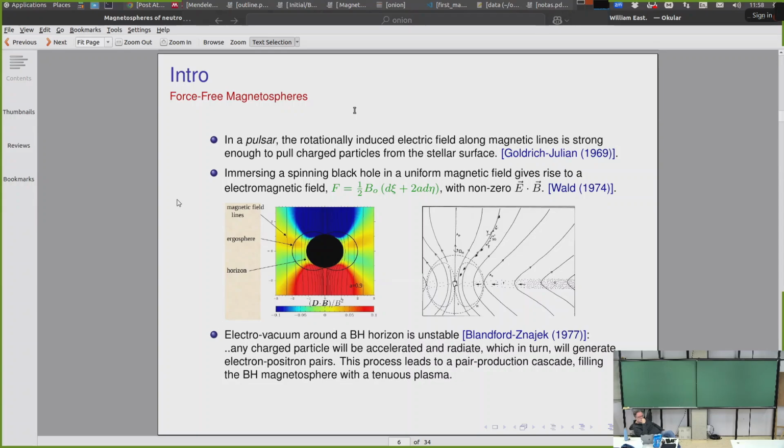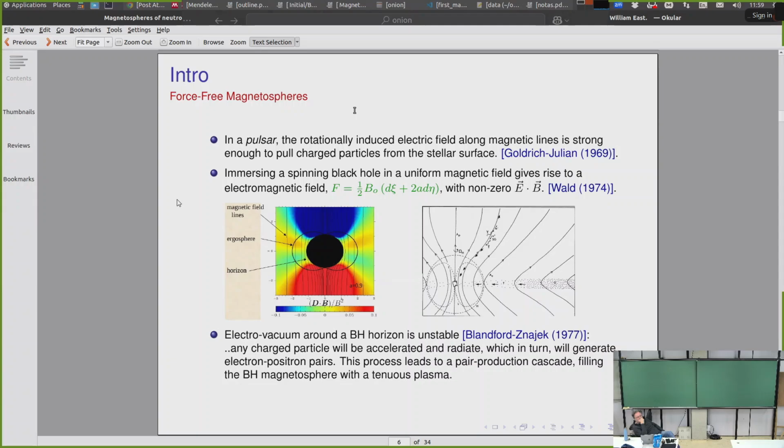This crust freezes, and in this crust it freezes the magnetic field, which remains attached to this conducting surface. So for us, the interior and the exterior of the star means you are inside this conducting crust or you are outside.